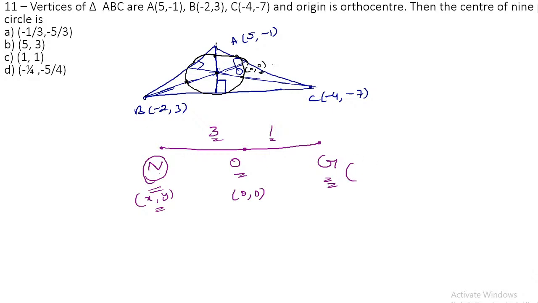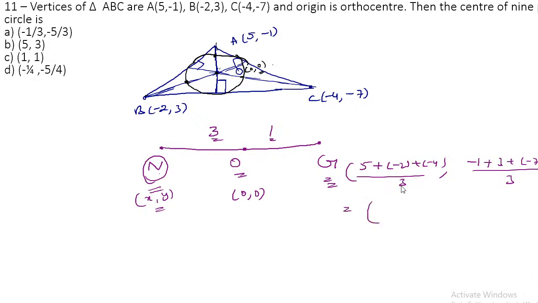Centroid is (5 + (-2) + (-4))/3, comma (-1 + 3 + (-7))/3. The formula for finding the centroid is (x1 + x2 + x3)/3, comma (y1 + y2 + y3)/3.